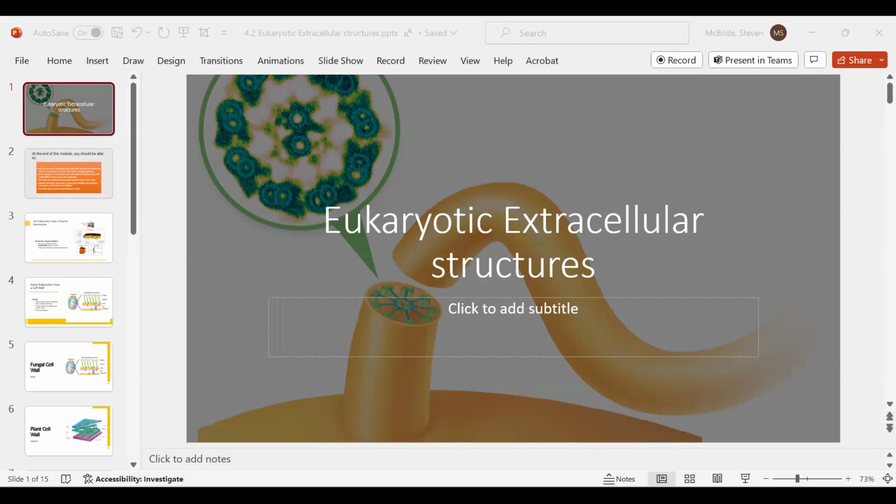One of the things that is kind of interesting is what that S stands for. I don't think I've mentioned this yet, but the S stands for Svedberg unit. And a Svedberg unit is a measure of sedimentation rate.